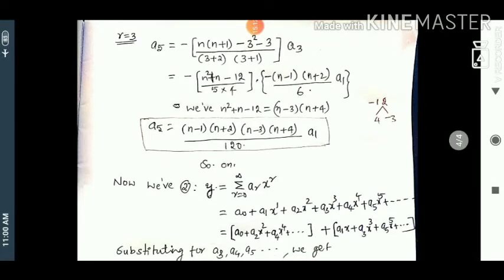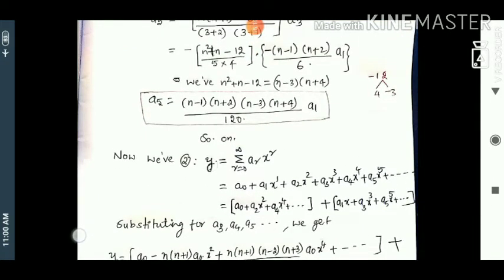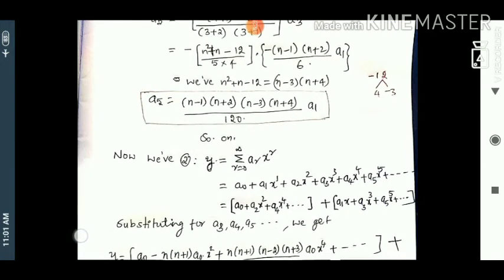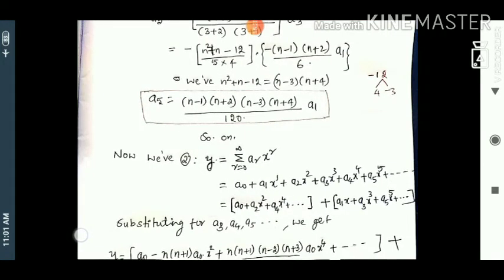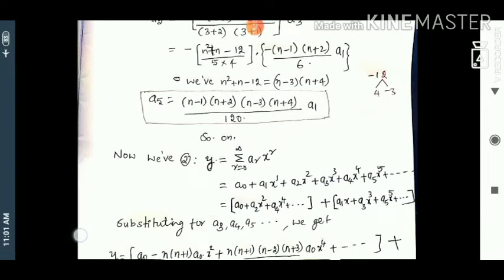So we just found the expressions for a0, a1 we had, and a2, a3, a4, a5, etc. Now we will come back to our assumed solution, that is y equal to sigma r from 0 to infinity a r x power r. This was our solution. This is given as equation number 2. Now if you expand, what happened? Putting r equal to 0, that means a0 plus a1, r is 1 means a1 x power 1, plus a2 x power 2 plus a3 x power 3 plus a4 x power 4 plus etc. Now let me separate this into even powers and odd powers.